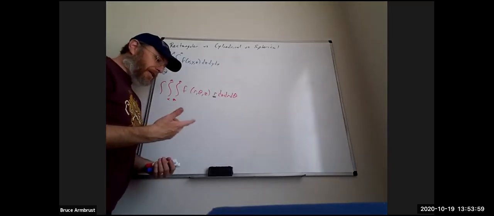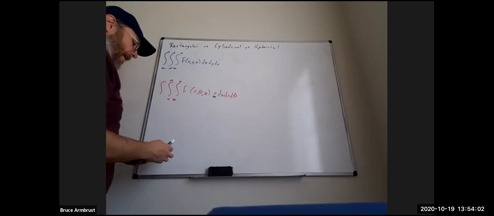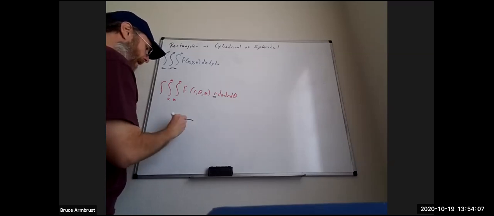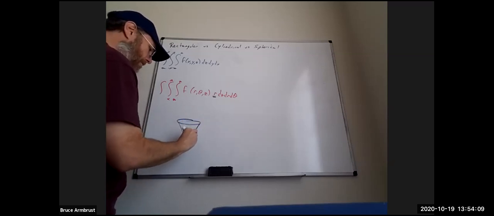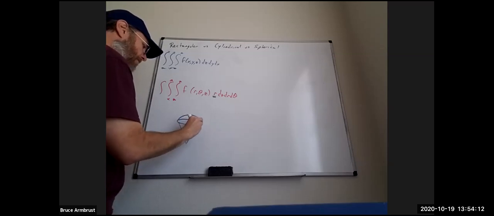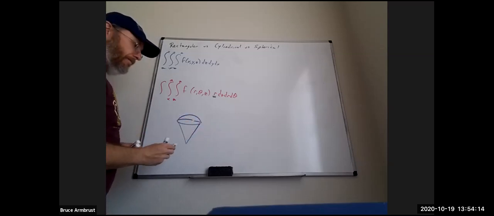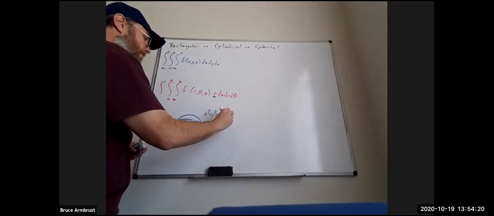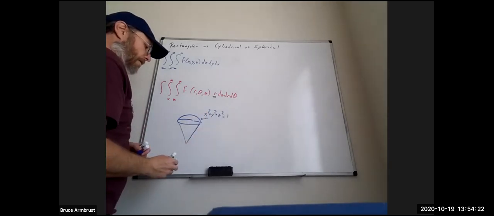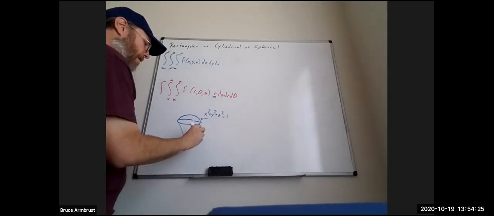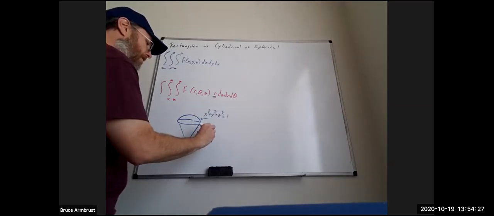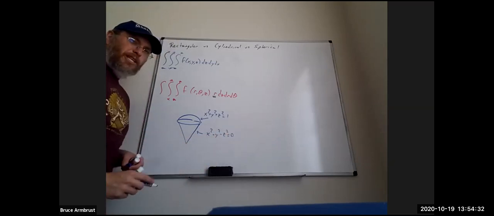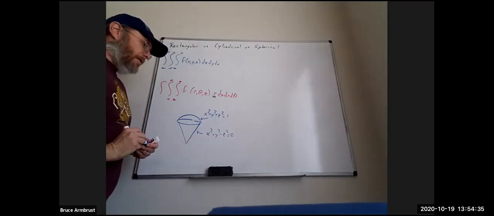And just to remind you what we did last time, we were looking at that ice cream cone kind of deal, where we had a cone with the sphere on top of it. This was the unit sphere, x squared plus y squared plus z squared equals 1. And then the cone was x squared plus y squared minus z squared equals 0. I'm pretty sure that's the one we used.